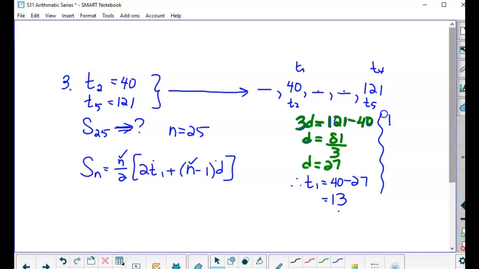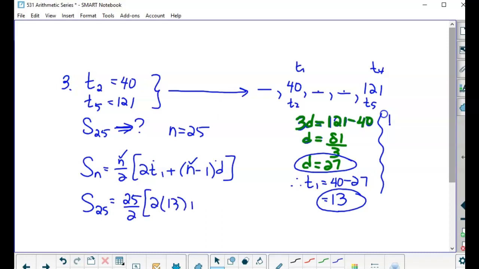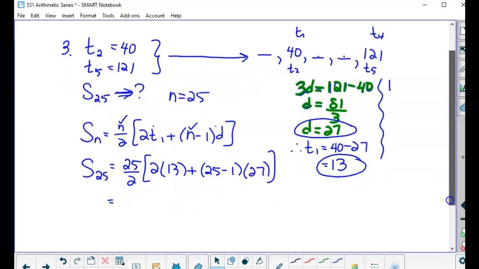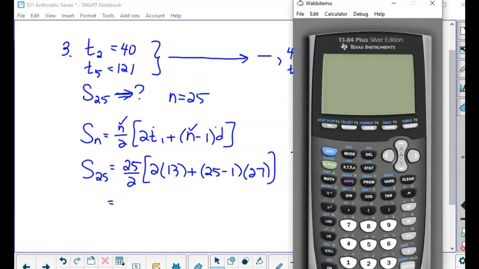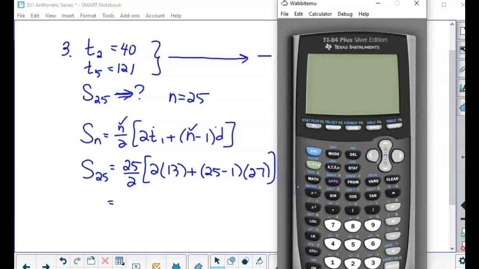But no matter what, you get your D value, and then figure out what your T1 is. You can really do that whole calculation in your calculator. Please make sure you show me the substitution.